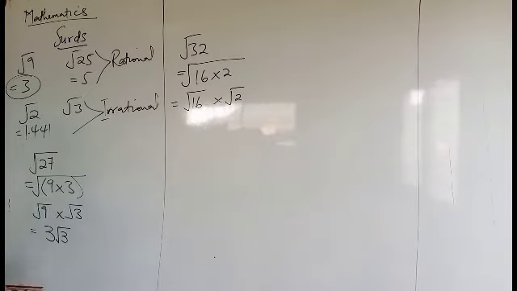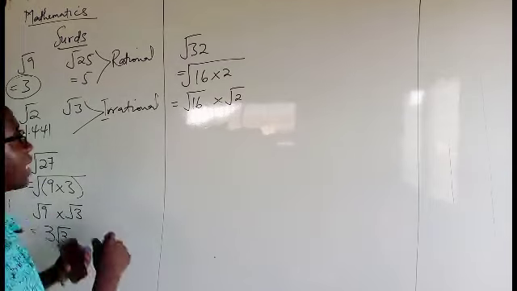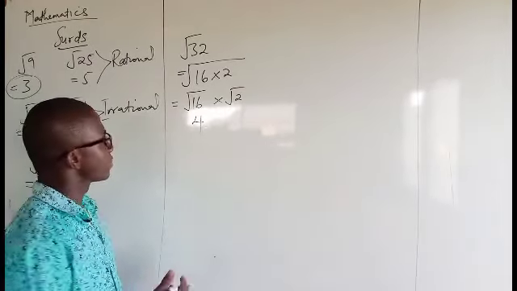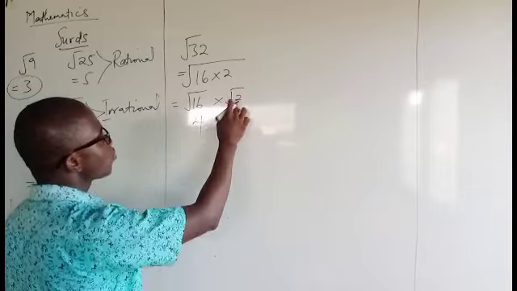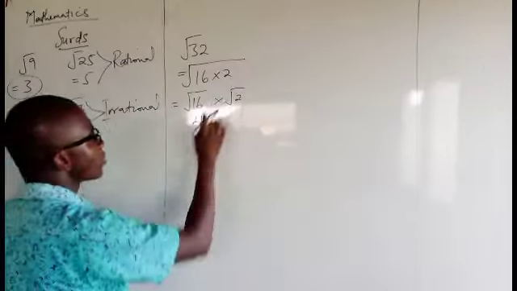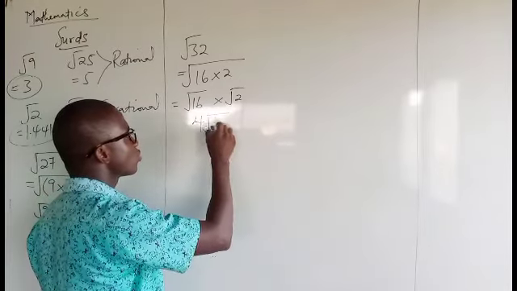Let's bring the 16 down and reduce it. Root 16, from the example I gave earlier on, is 4. Good. Now with root 2, we are not going to get the exact value, so we repeat root 2.